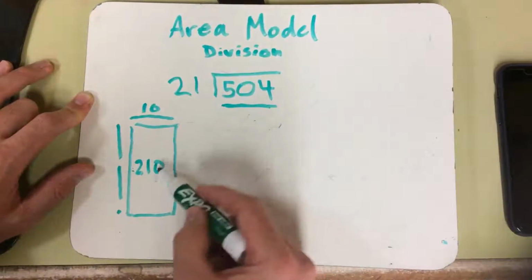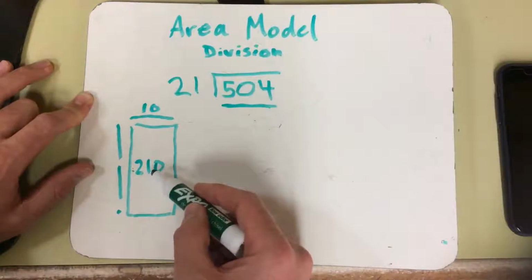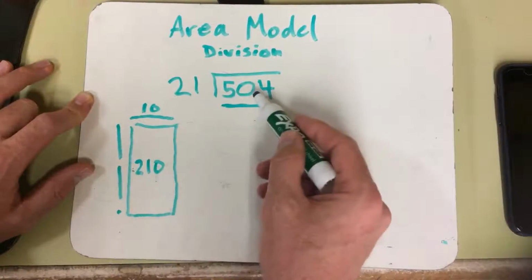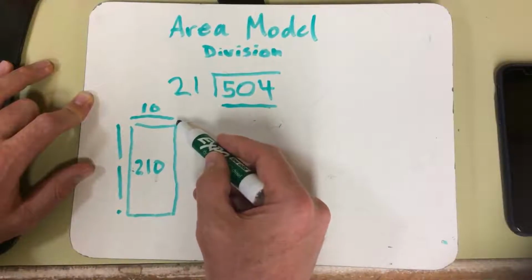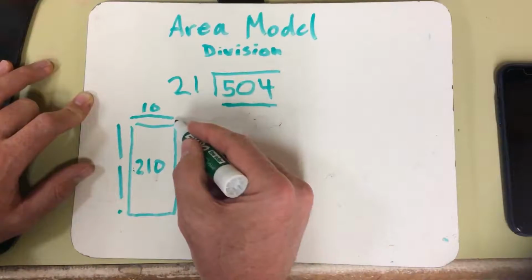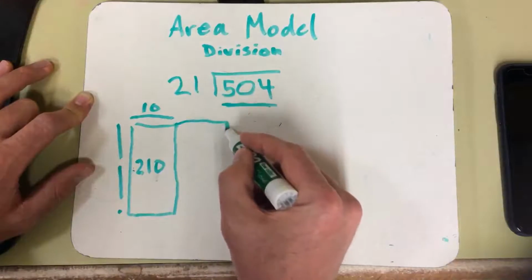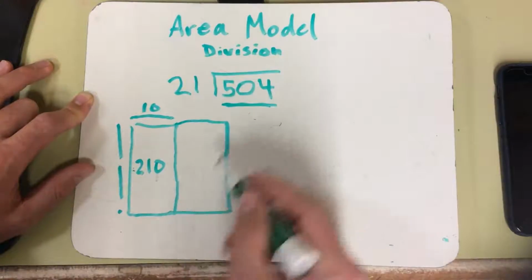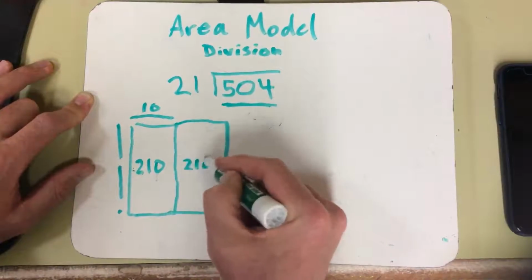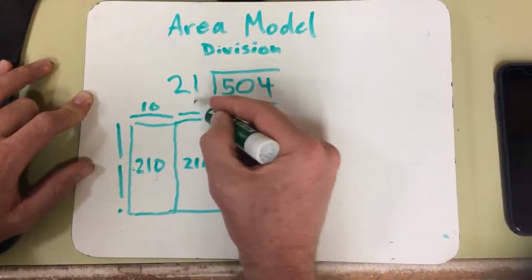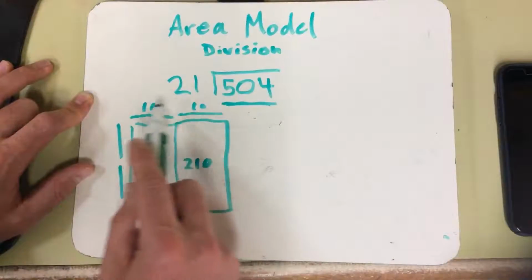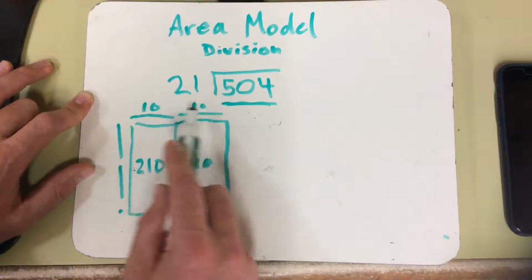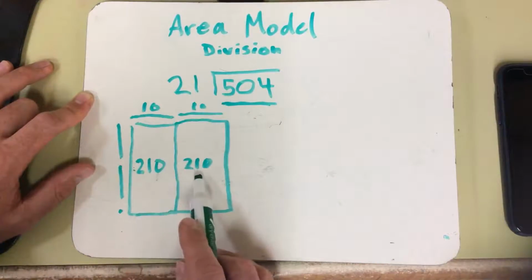Now we're going to go, well, we still have more room to go, right? 210 is less than 504. So we could do another group of 210, another 10 groups of 21. So far we have two parts of our unknown dimension, and we've used up 420.